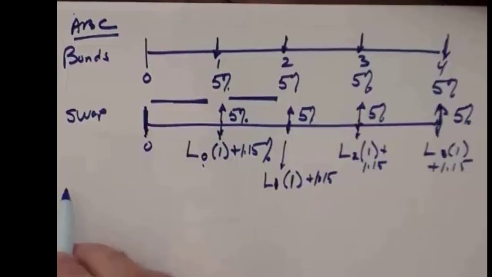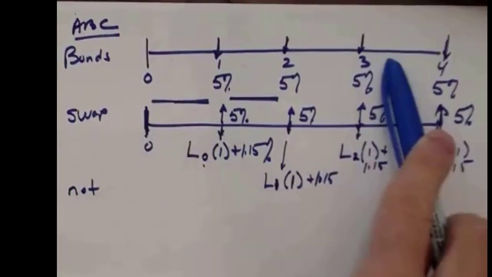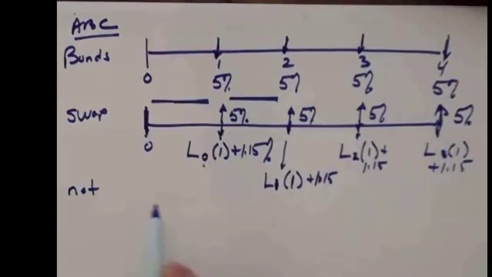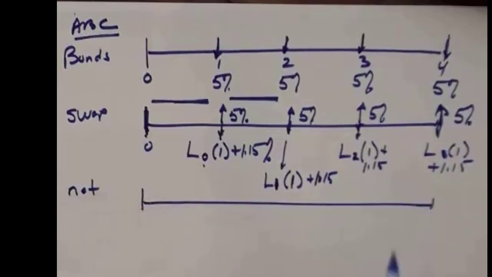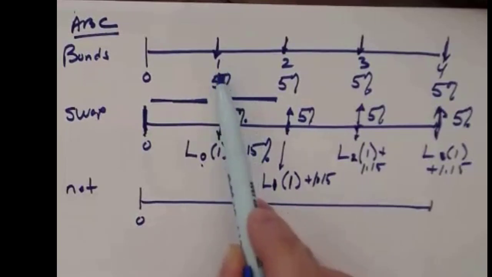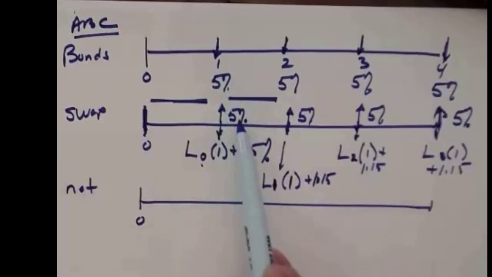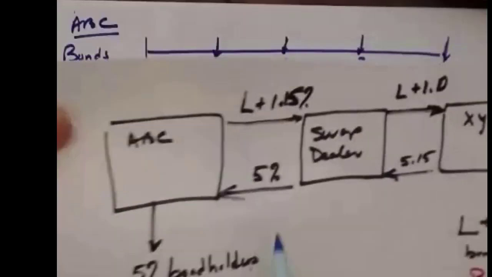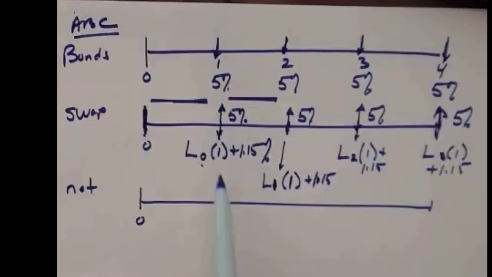Now let's look at the net effect here. The bonds for ABC plus the swap should net out to variable rate payments. And you can see they do, because this 5% going out the door is offset by this 5% coming in, as we saw in this diagram. So the payment in year one is going to be this L, the spot rate for LIBOR that covers a 1-year period, plus 1.15%.